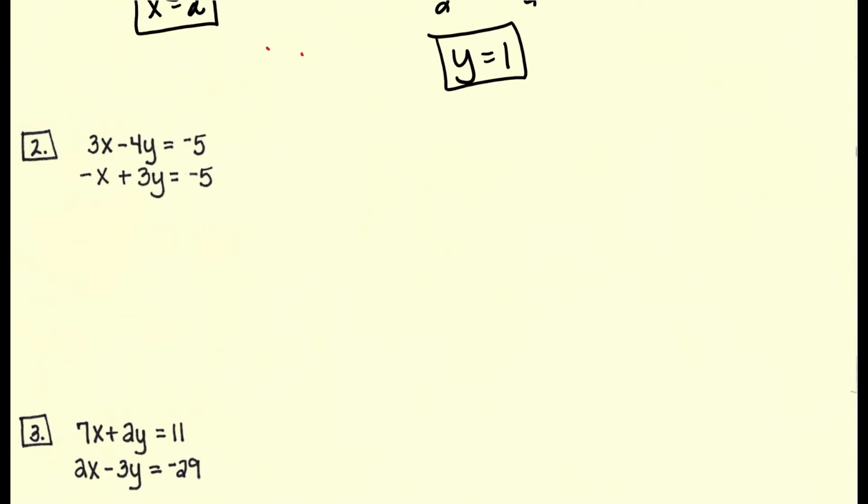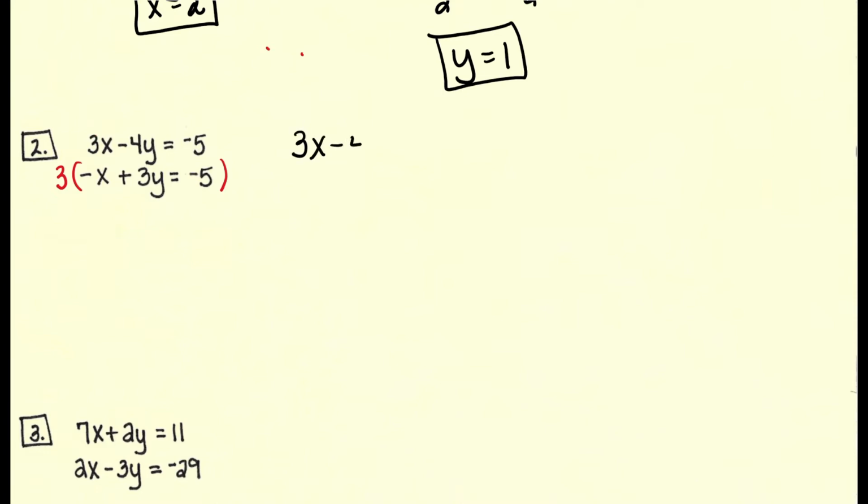If you'd like, you may pause the video and try the problem on your own to see if you get it correct. So let's eliminate a variable. I'm going to eliminate those x's, so I have a positive 3 here. So I would need to multiply the bottom by a 3 so that I have a negative 3 and a positive 3 to cancel.